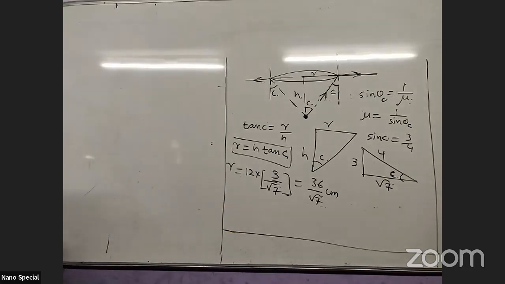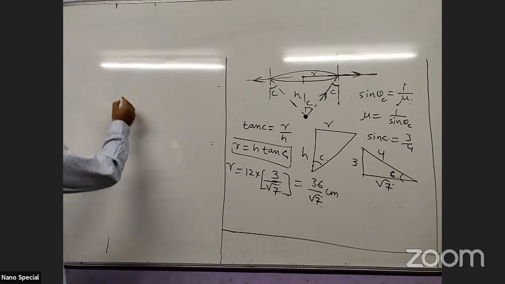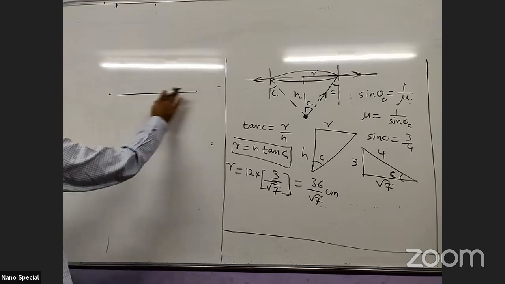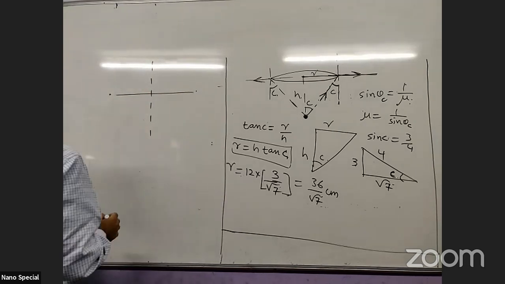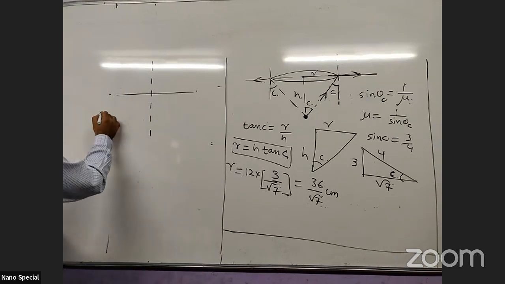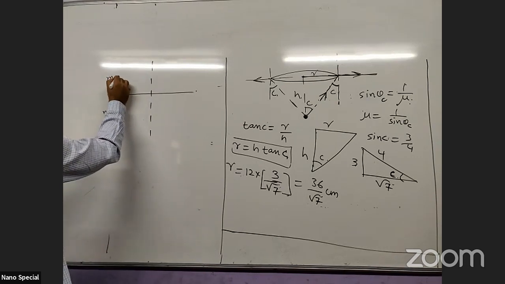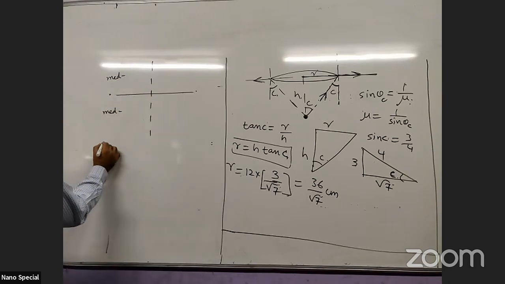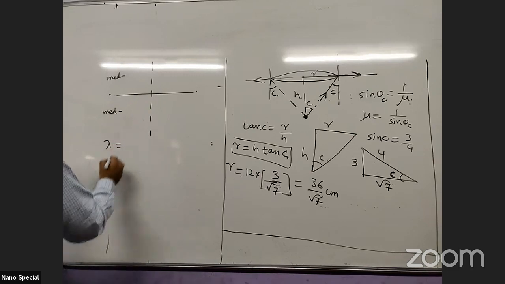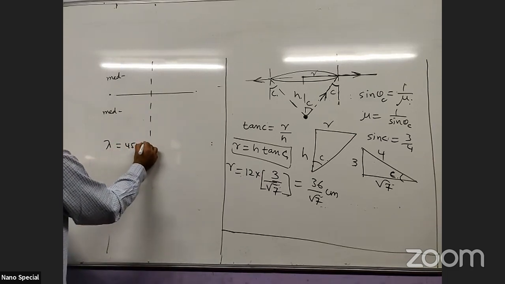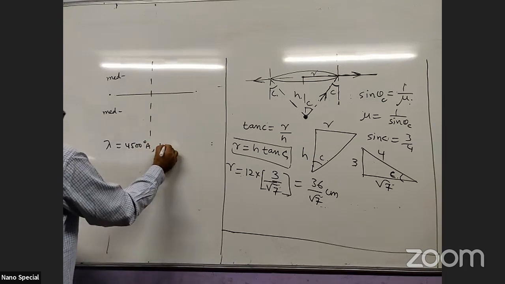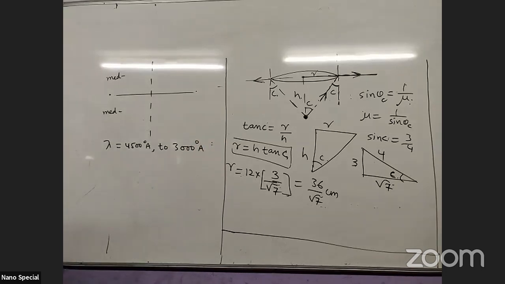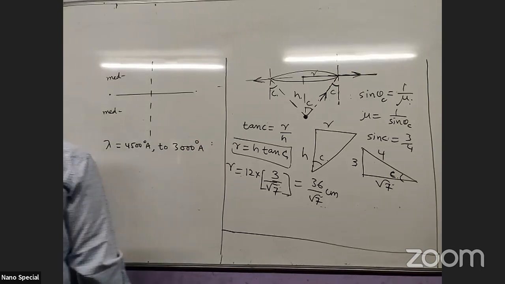Write down. When a light ray is refracted from one medium into another, the wavelength changes from 4,500 angstroms to 3,000 angstroms.